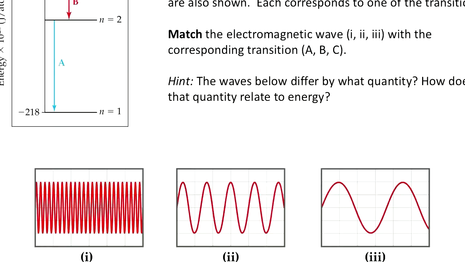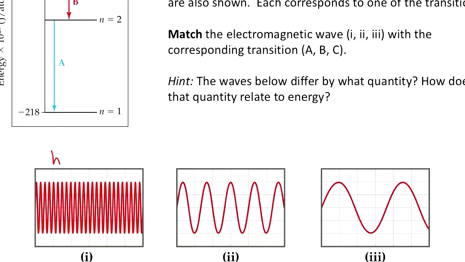What I'm showing you are waves for the different transitions. My guiding question, or my hint here, is: how do these waves differ? They have different wavelengths. So I'm going to order them in terms of high energy and low energy. Which of these has the highest amount of energy, 1, 2, or 3?